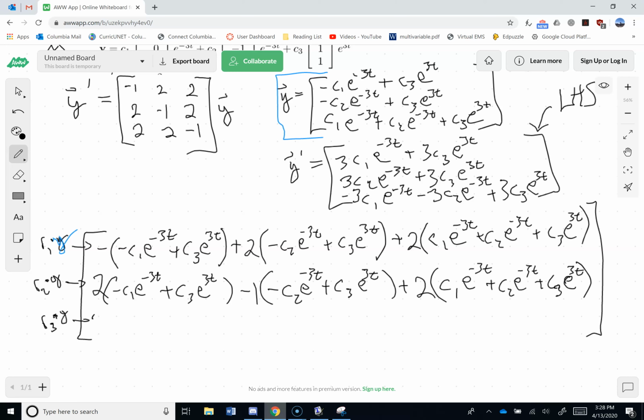And then in the last row, I have 2, 2, and minus 1 as my coefficients. And then we need to write the same stuff again.